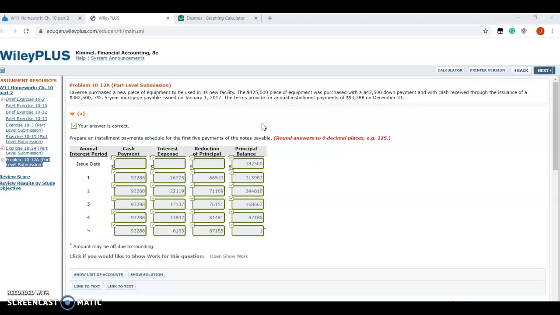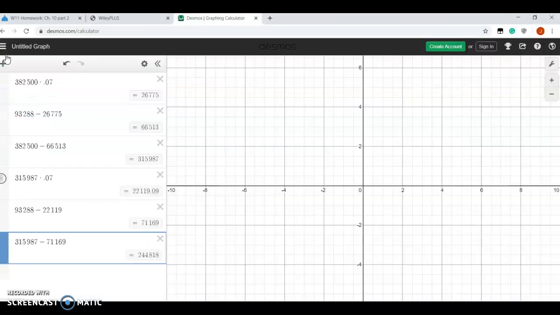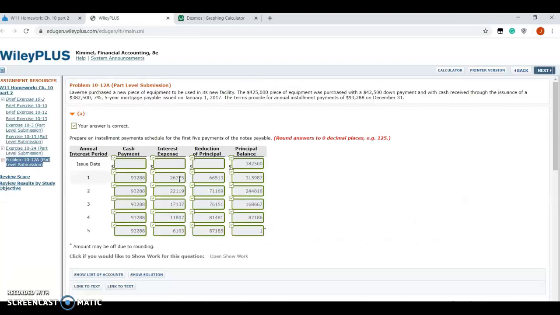Okay, then to get our interest expense, we're going to take our principal balance and multiply that by our interest rate up here, which is going to give us $26,775, and that's going to be our interest expense for the year. And then we're going to take our cash payment and subtract the interest, which will give us the reduction of the principal.